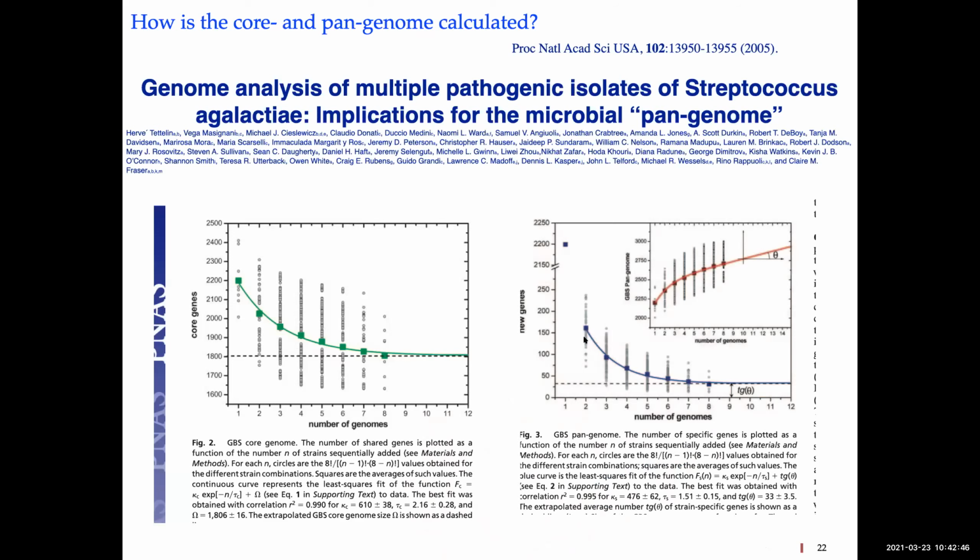And then similarly, they're looking at new genes. I love this figure because this is done by a French mathematician. He's very smart. What this plot is showing is that as you sequence more genomes, on average, you're going to get 30 new genes every time you sequence another genome. And this is going to go on forever, to infinity. So if you sequence an infinite number of genomes, you'll have 30 times infinity.